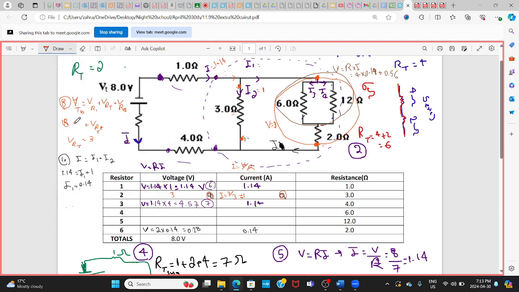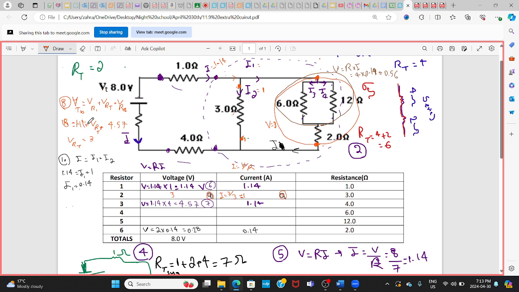Okay, I'm gonna put this one as 1.14, and this one, the V I got here, 4.57.